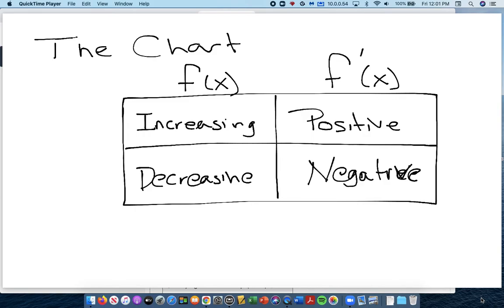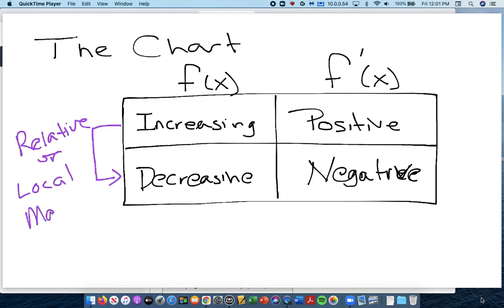So a couple things happen when you go from an increasing function to a decreasing function. Think about drawing a graph that's increasing to a graph that's decreasing. That's where we get what's called a relative, or sometimes it's referred to as a local, maximum.